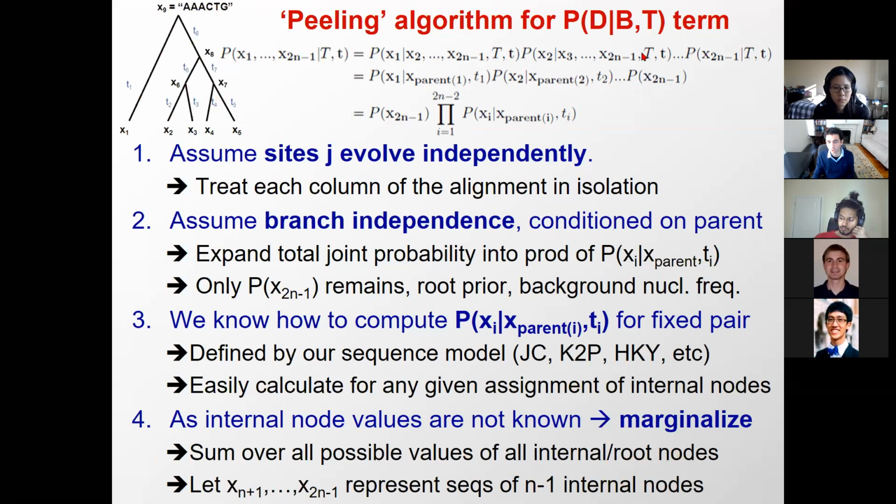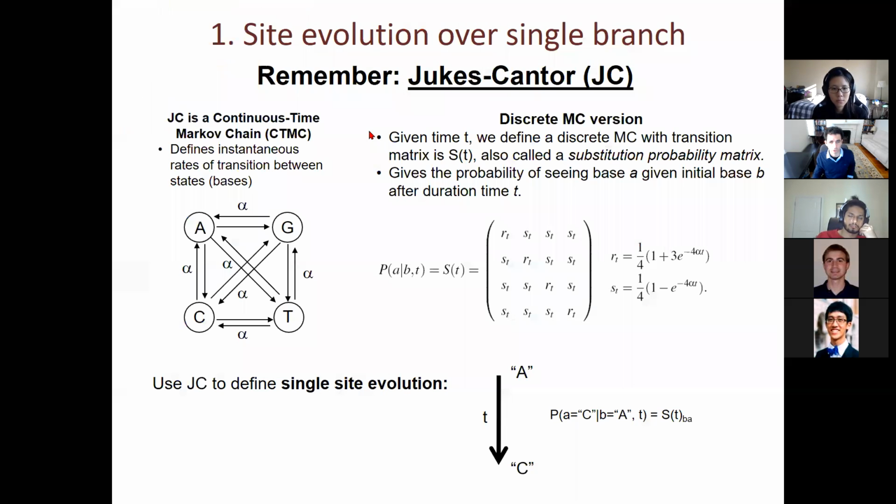So what this algorithm is doing is effectively giving us the total probability with which the observed data of every column of the alignment can be generated from the evolutionary process that's moving along this topology and these branch lengths. Okay, so this is scoring a particular topology, iterating over all ancestral values and evaluating the total probability with which I can generate this.